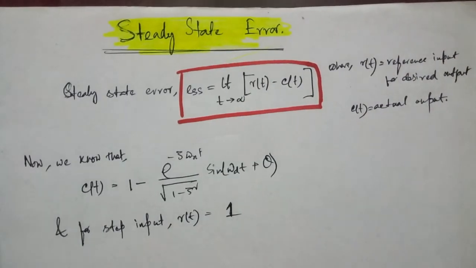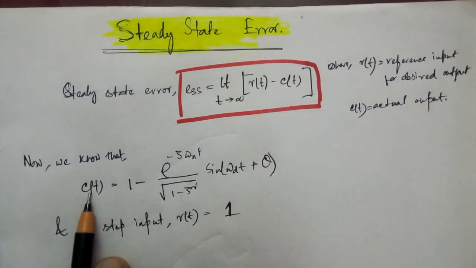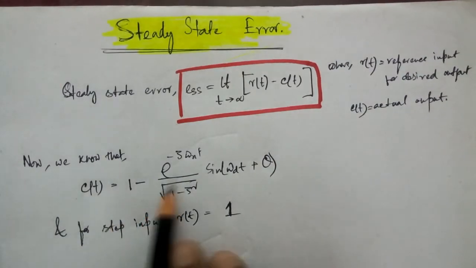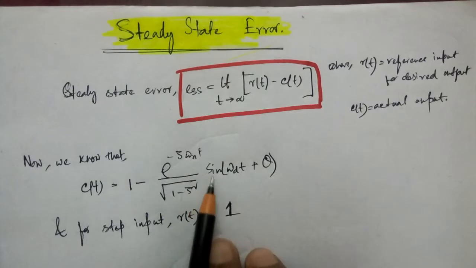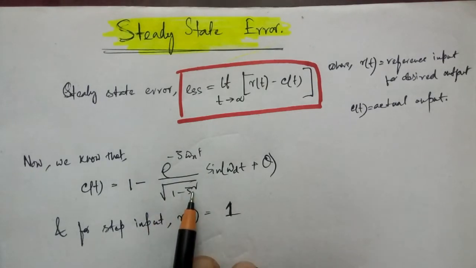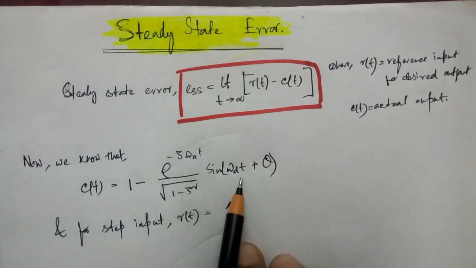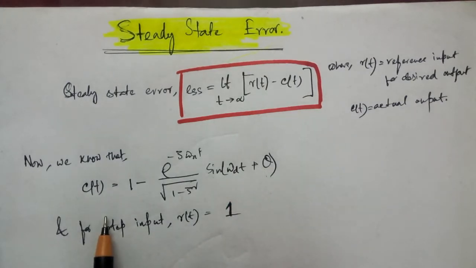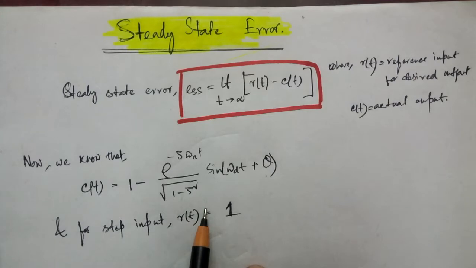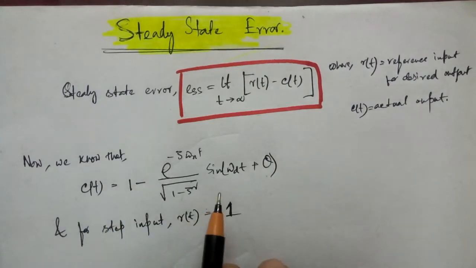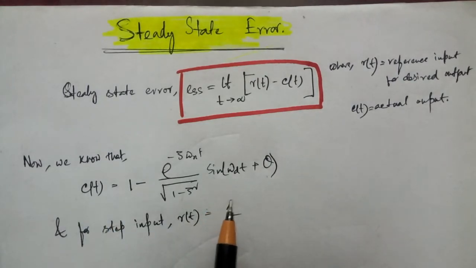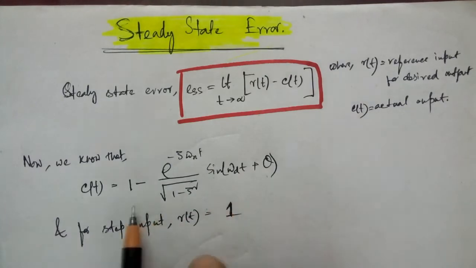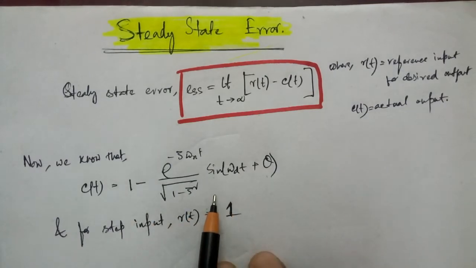Now previously we have studied that the output c(t) will be 1 minus e to the power minus zeta omega_n t by root over 1 minus zeta square into sin(omega_d t plus theta). This is for step input r(t) equal to 1, the step response.